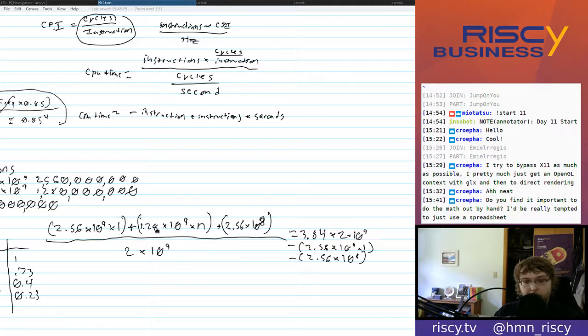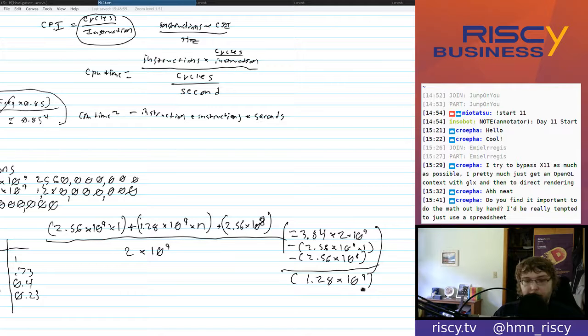And then we just have 1.28 times 10 to the 9th times n is equal to the stuff on the right here. So then if we divide by 1.28 times 10 to the 9th, we'd get n. So you take all this stuff divided by 1.28 times 10 to the 9th. And if I did my math correctly, we should get the same answer.